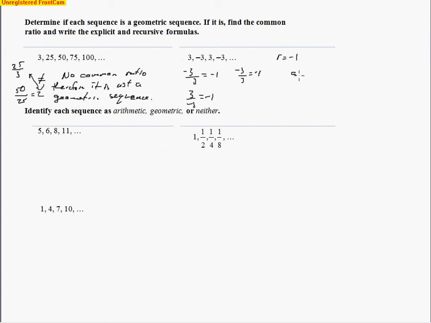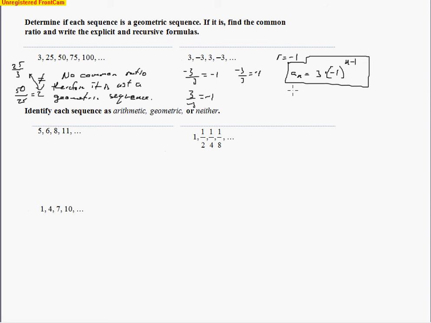So a_n equals my first value, which is 3, and then I multiply by the common ratio, negative 1, and then raised to the n minus 1 power. So that's the explicit formula.